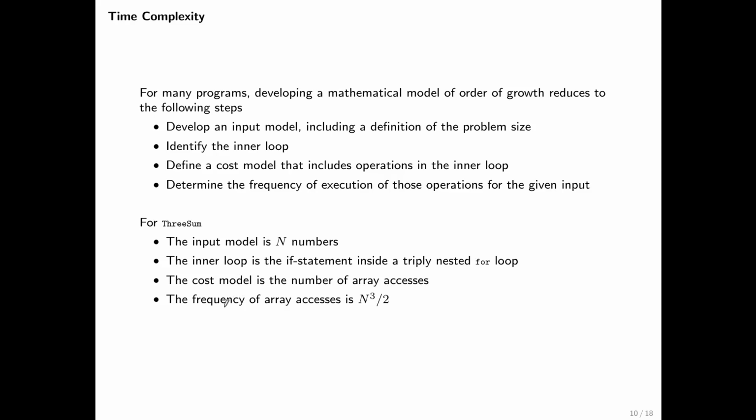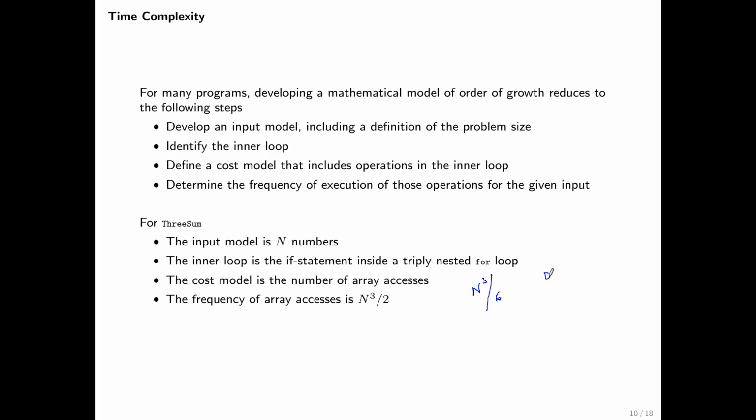So that's the cost model. And finally, what's the frequency, the number of times you access that array in the inner loop? It is n cubed over 2. Why is it n cubed over 2? If you go back to the previous slide, that if statement, that inner loop, is accessed n cubed over 6 times. But in that if statement, how many references do you make to that array?